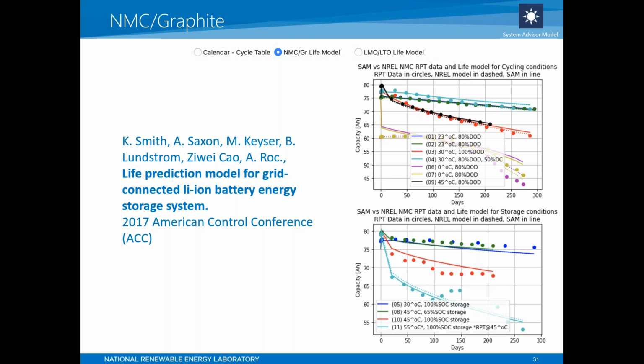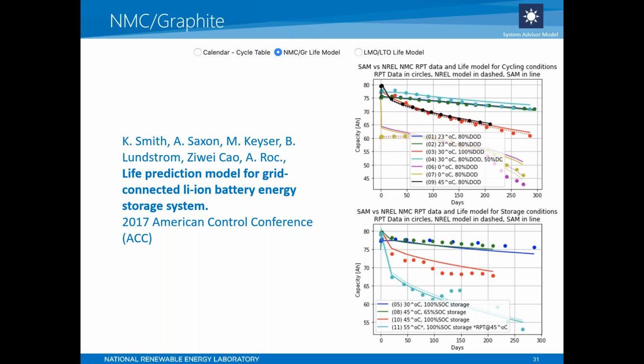And then the capacity retention over time was measured on about a monthly basis and is reported in the circle markers. For comparison, we can see the original implementation in the dashed line and the SAM implementation in the solid line. And we see very good agreement among the three.